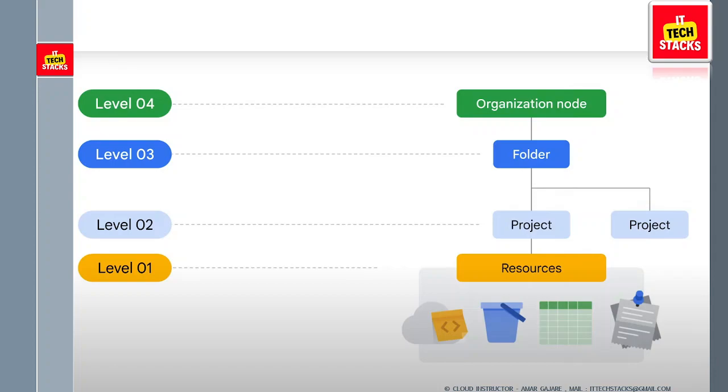In short, policies are inherited downward. I hope that clears it up. Let's take a look at the second level of the resource hierarchy, which is called the project.